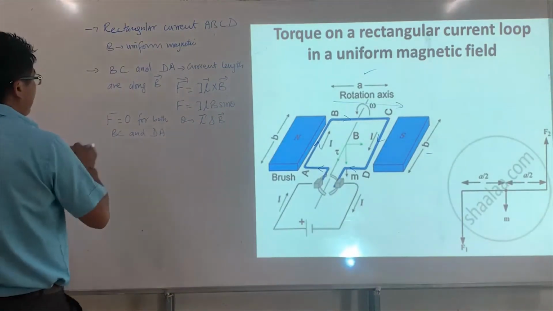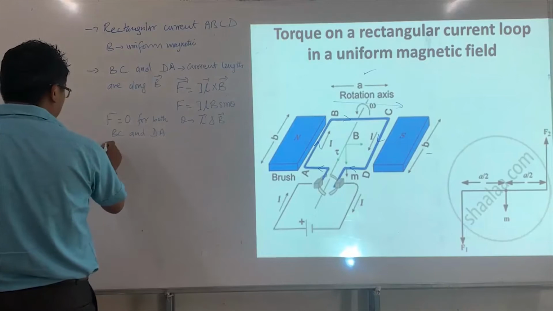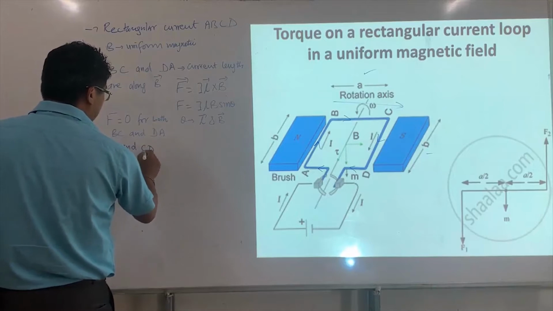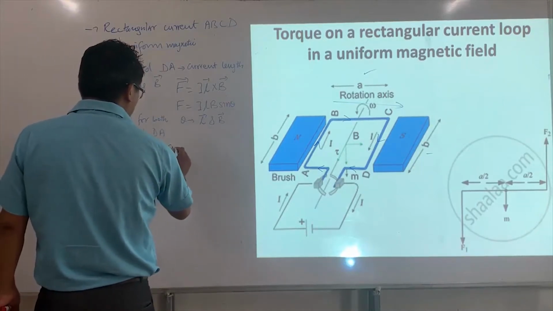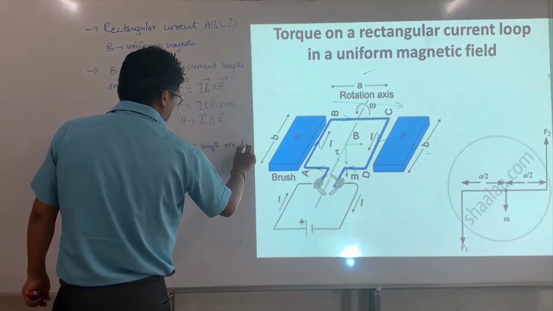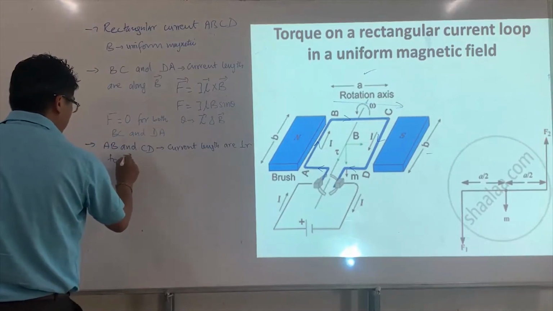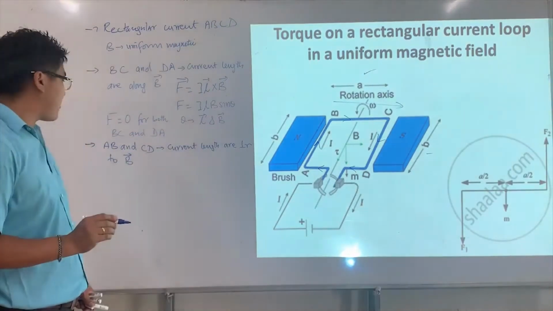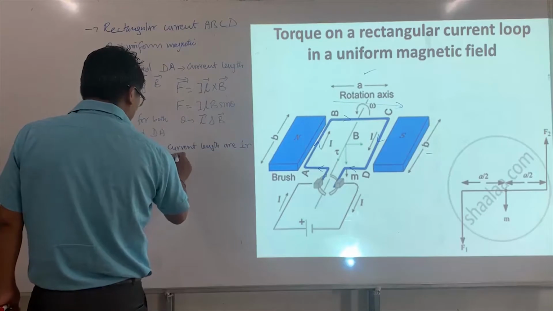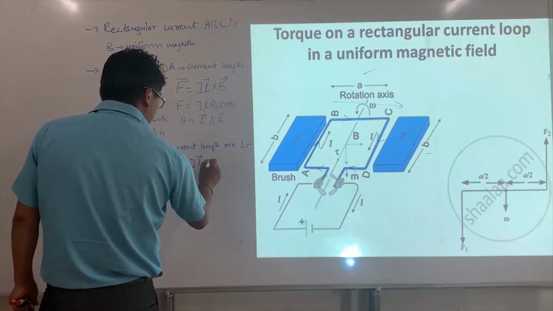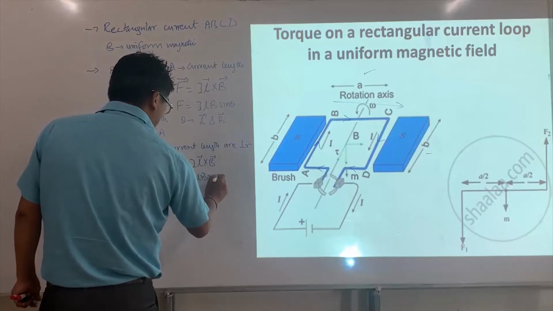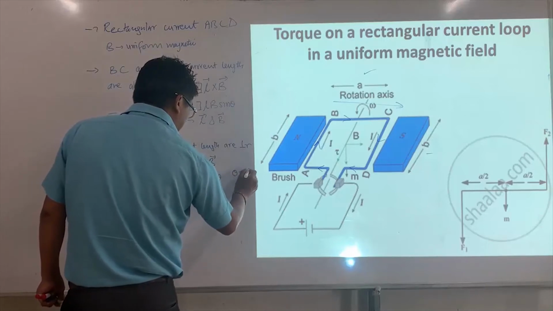Now I have the lengths AB and CD, and these two current lengths are perpendicular to the magnetic field. If they are perpendicular to the magnetic field, then I use IL cross B. So force is equal to ILB sine theta, where theta is 90 degrees.